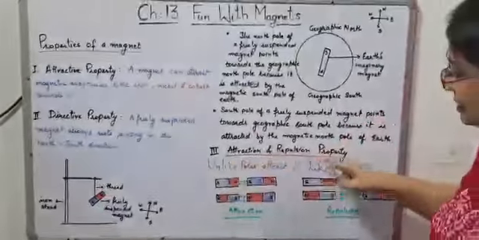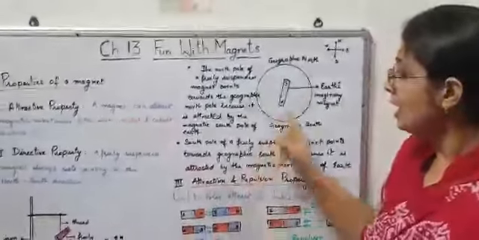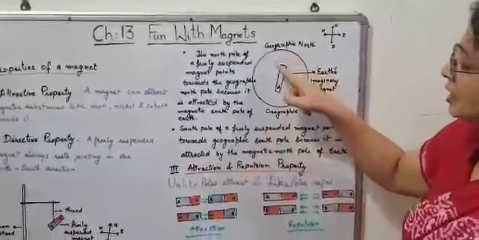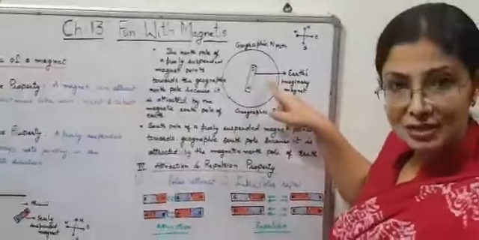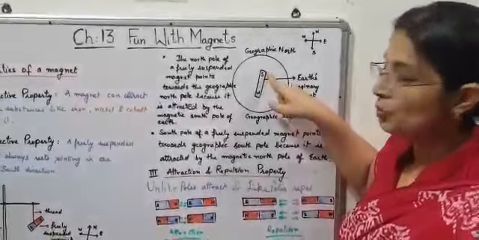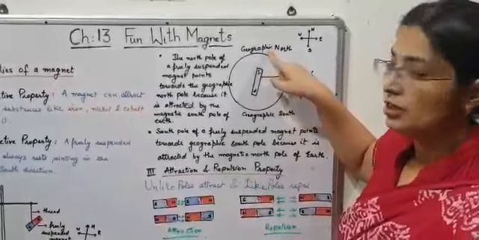Okay, now let us apply this activity for understanding it. See, our earth contains a huge bar magnet inside it, and it is believed that the south pole of this bar magnet is towards our geographic north.